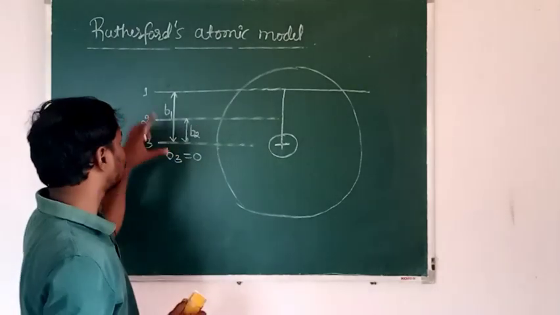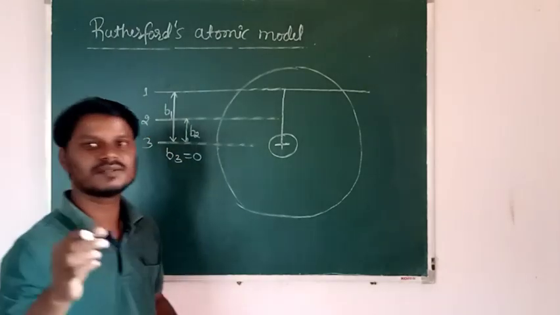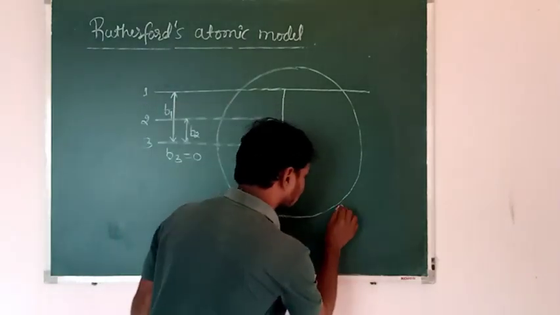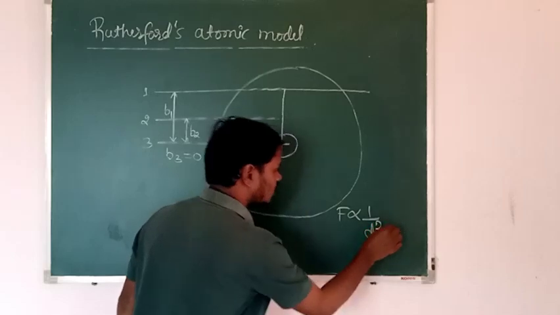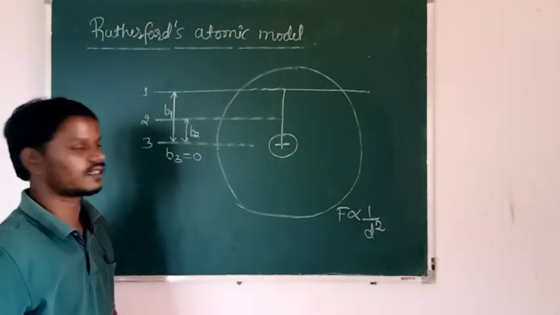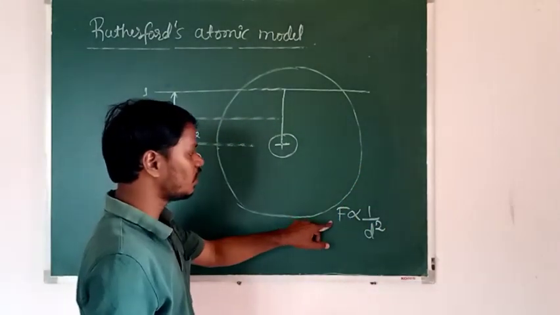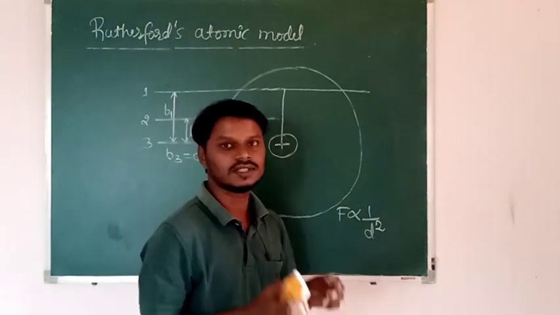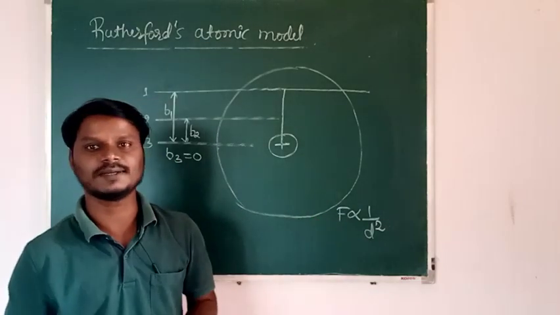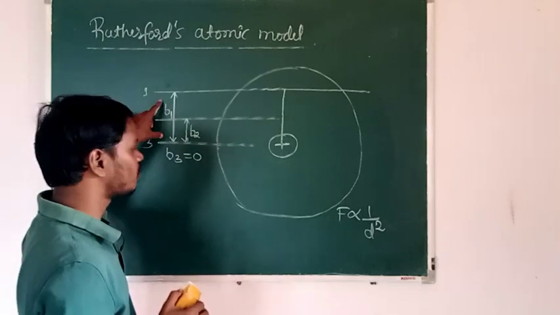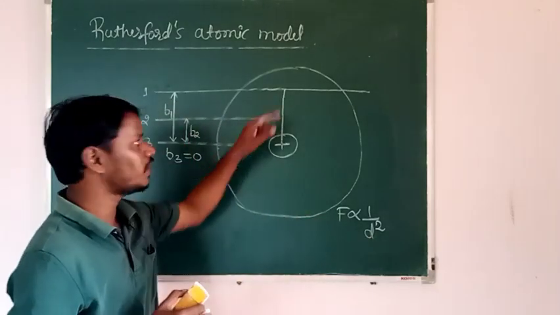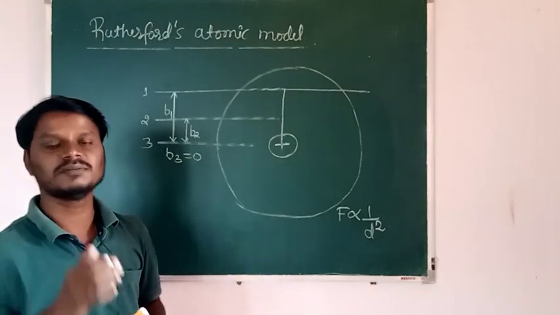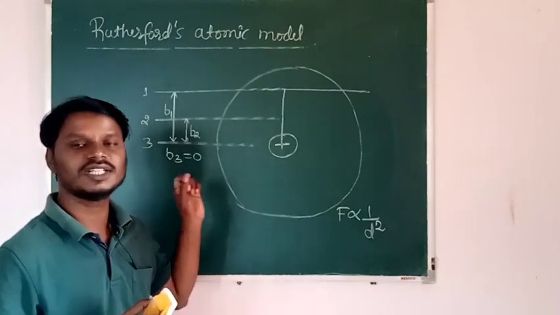If the distance is maximum, then the force is minimum according to Coulomb's law. Force between two charged bodies is inversely proportional to the square of the distance between them. Here b1 is maximum, so the force is minimum.